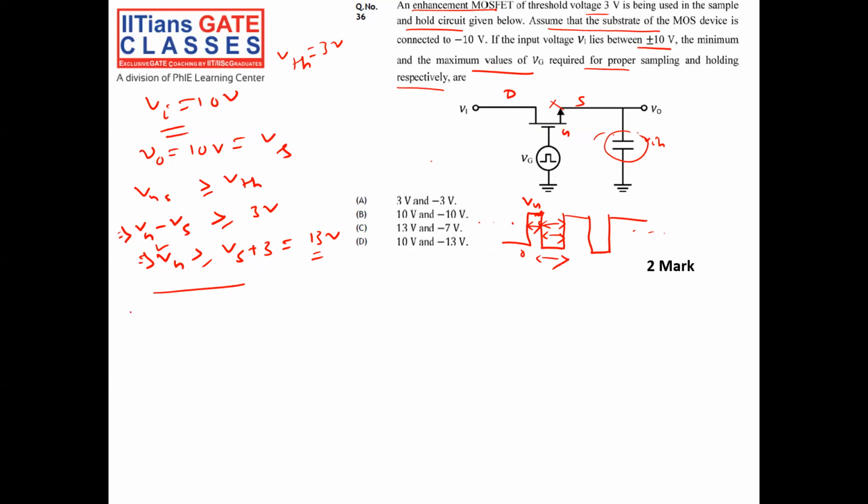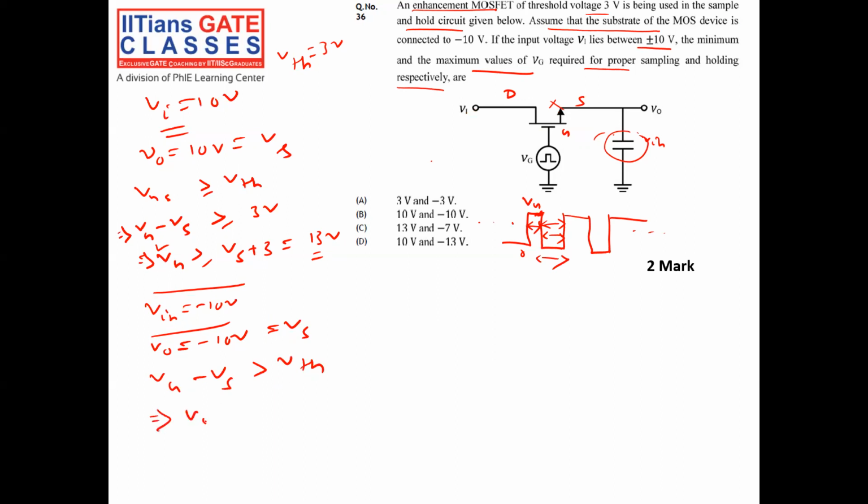And let's calculate the minimum. Then Vin is equal to minus 10 volt, right? At that time my V0 will also be charged to minus 10 volt, which is equal to my source voltage. It implies that to make it on, VG minus VS should be greater than VTH.